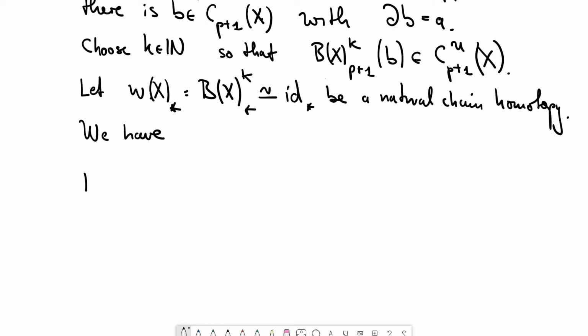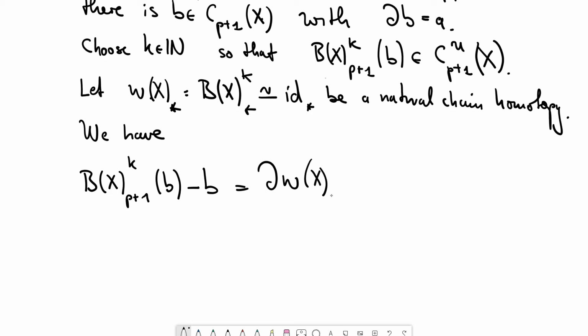So then we have, now I'm just writing down what chain homotopy means. So apply this to B: B_X^k minus the identity applied to B is the differential times chain homotopy plus chain homotopy times differential. So this is differential of W_X, I hope it's p+1.